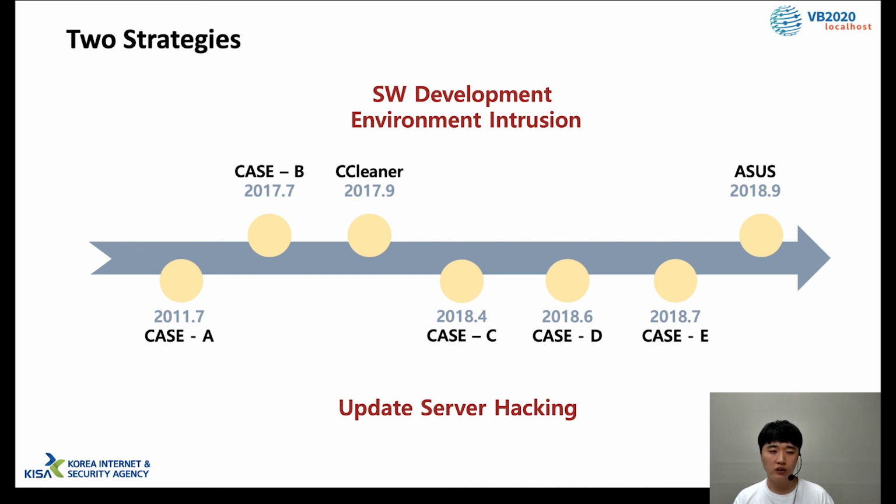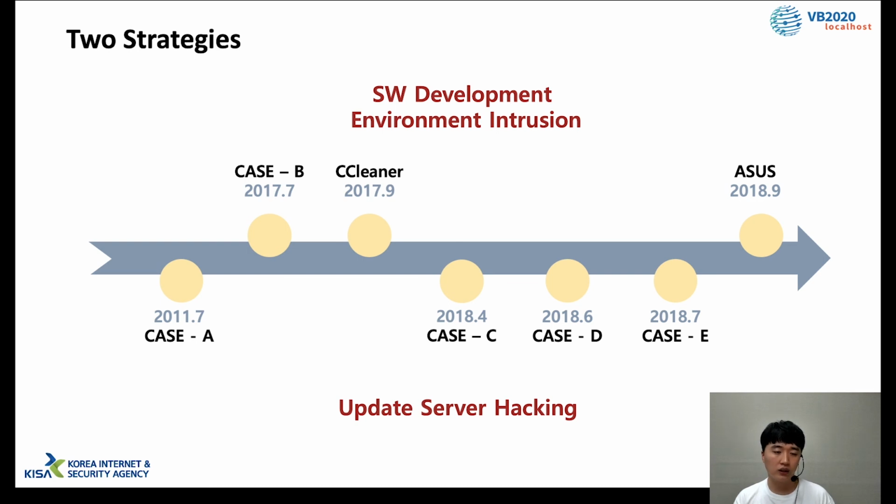The strategy through penetration of the update server can distribute malware by changing only some settings without penetrating the development environment. The strategy through penetration into the software development environment can intervene in the compile process. So the attacker can try more sophisticated attacks.